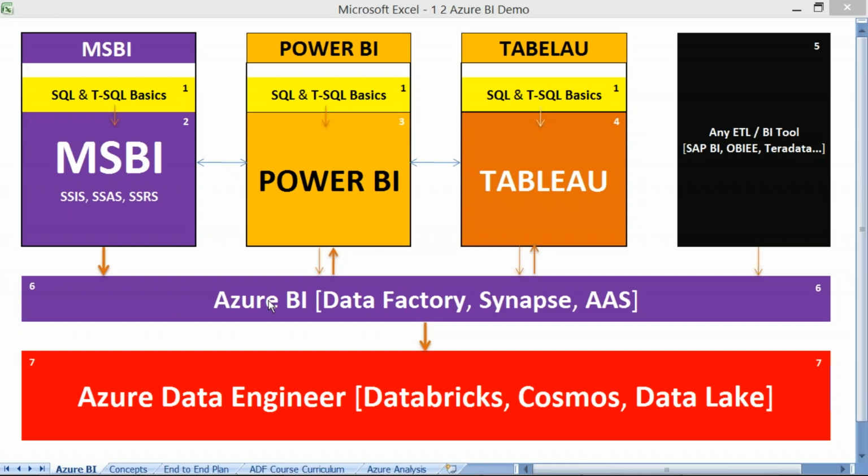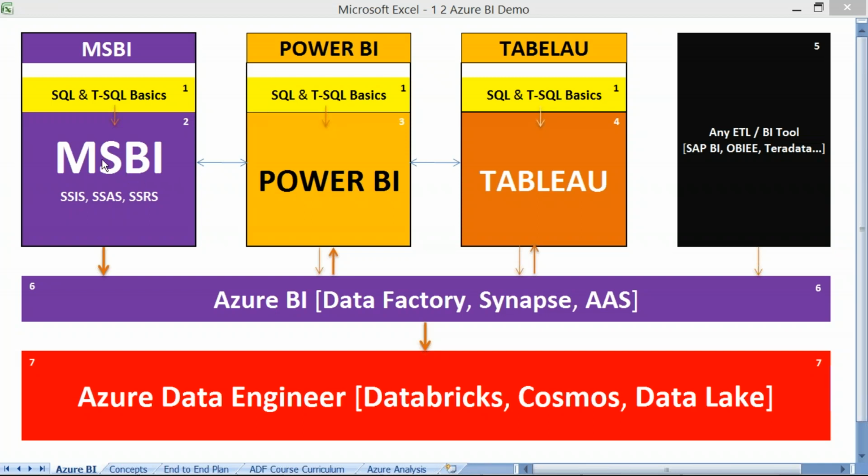And we have two different types of classes for this Azure course. 80% of the classes would be common for everyone, and the remaining 20% depends on your past experience.